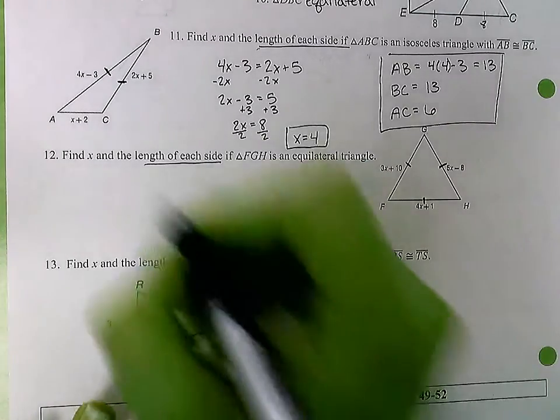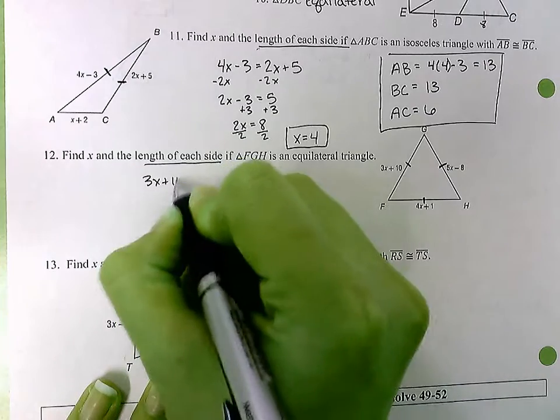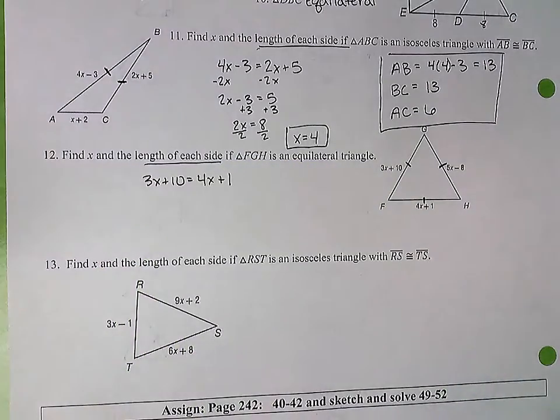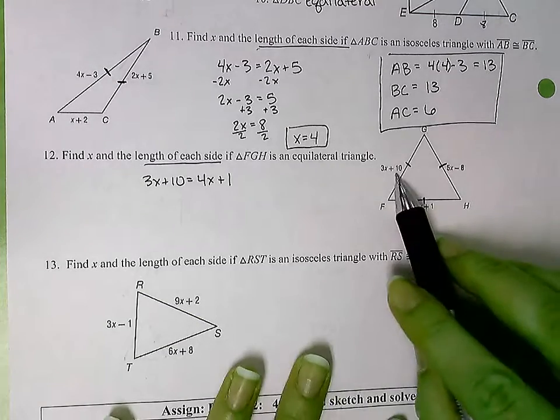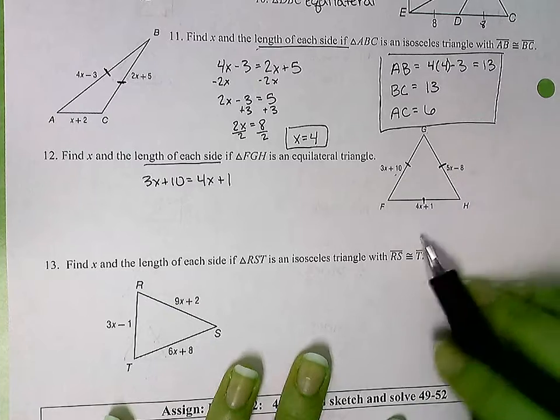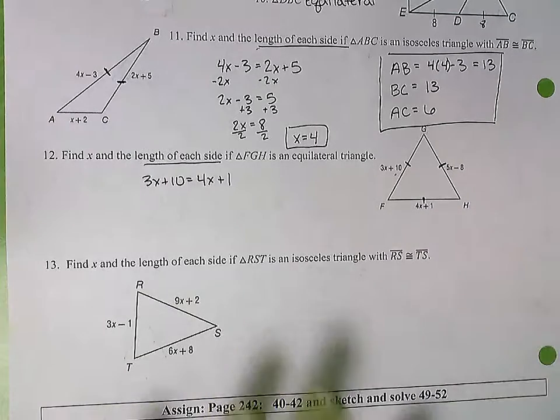So I can set 3x plus 10 equal to 4x plus 1. You could also do 3x plus 10 equals 5x minus 8, or 5x minus 8 equals 4x plus 1. It doesn't matter. All 3 are equal to each other.